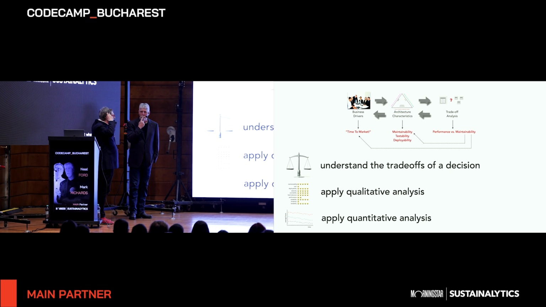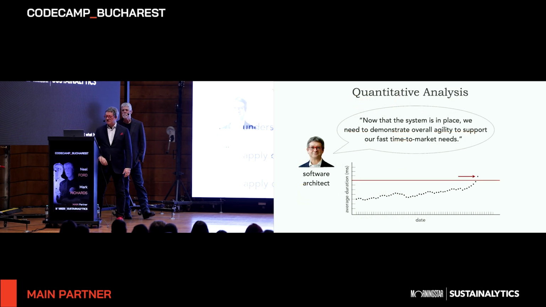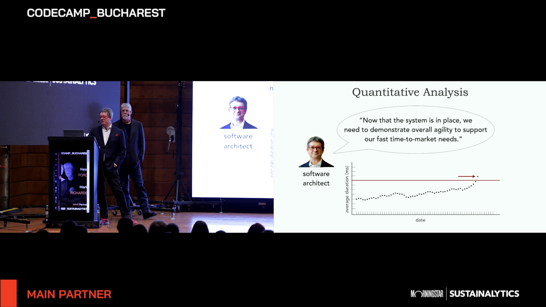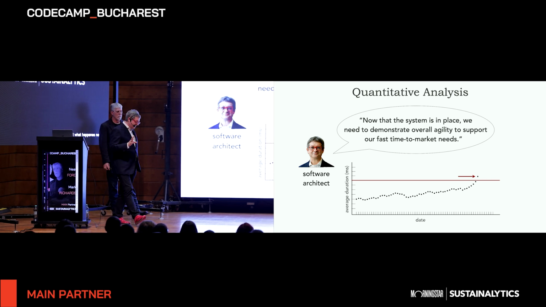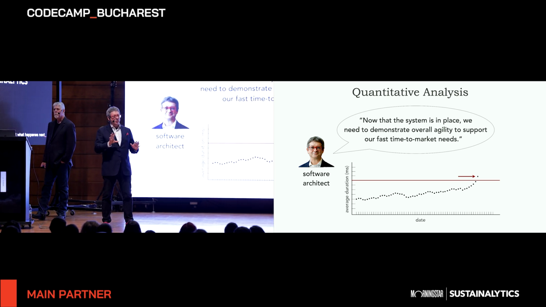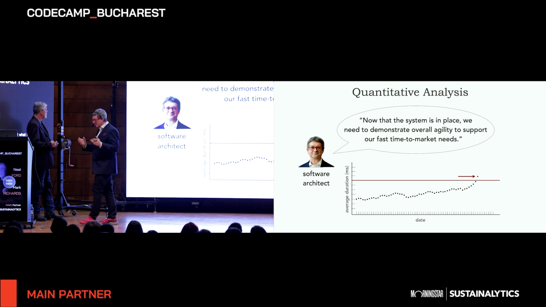I talked about actually building things. That's what quantitative analysis is. And this is something that we defined in our first edition. This is the second edition of our book, Building Evolutionary Architectures, which is coming up in a second. This idea of an architecture fitness function, which is sort of like a unit test, but for architecture capabilities, not just domain behavior.